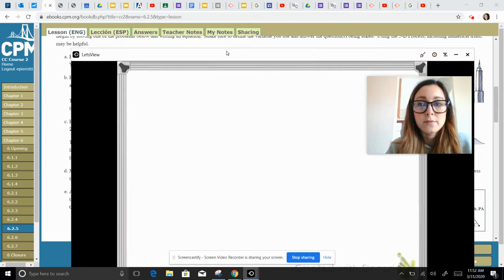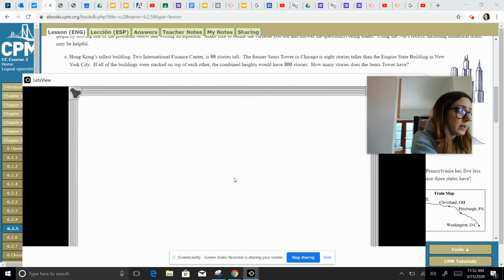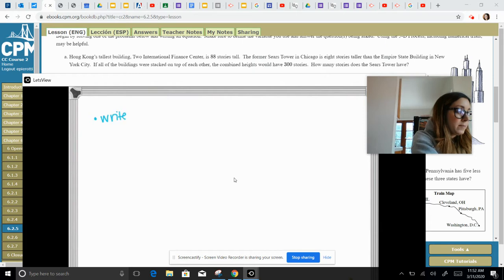So when you're solving these, there's 3 things that you need to make sure that you're doing. The first is make sure that you write an equation. The second thing is solve your equation, and then lastly, write your answer in a sentence.